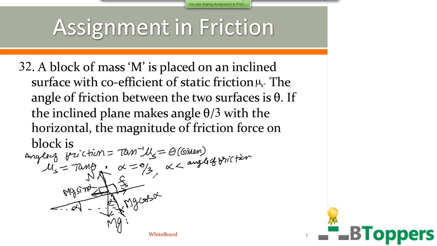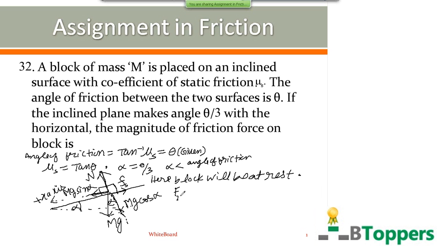But here the block is at rest on the inclined plane. Therefore the resultant force on the block is 0. You can choose the direction parallel to the inclined surface, down the inclined plane, as the x-axis.